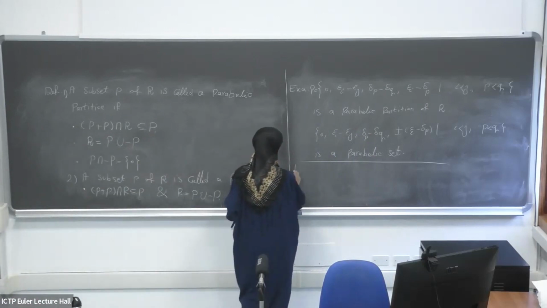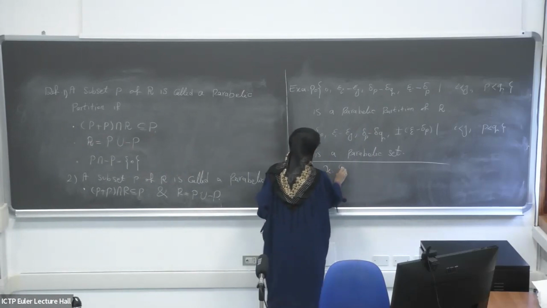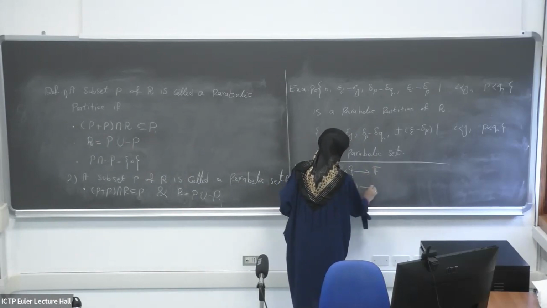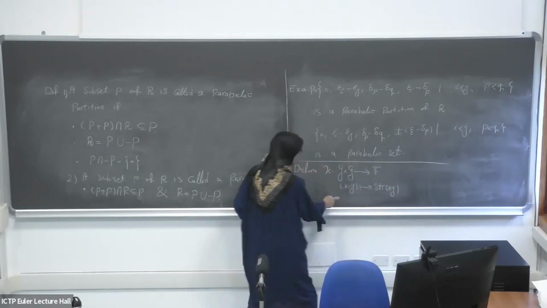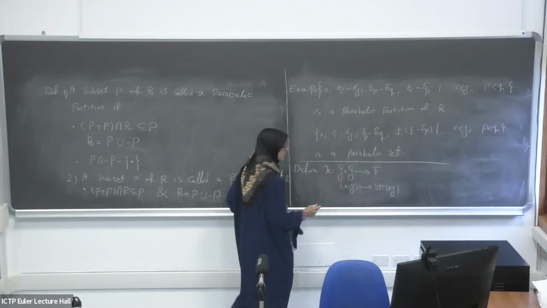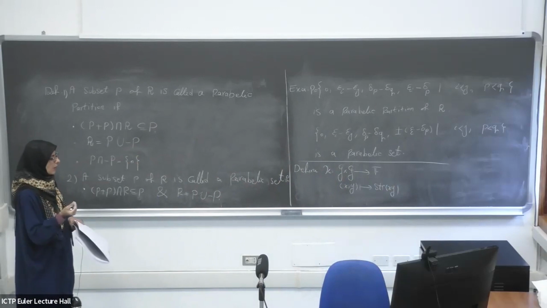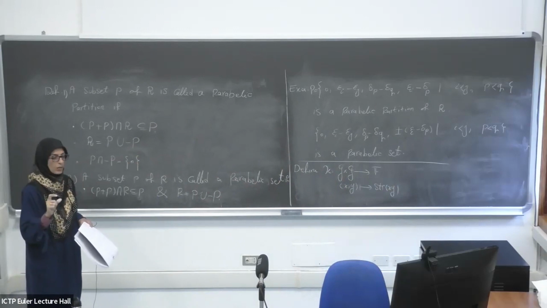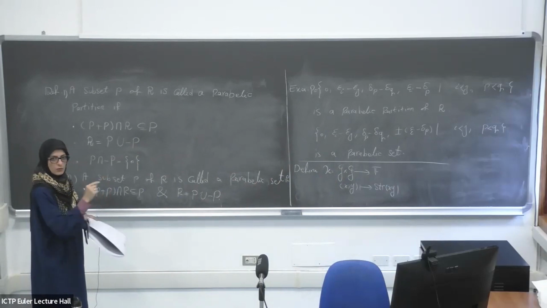Define kappa from G times G to F, mapping xy to supertrace xy. X and y are elements of G, so x and y are some matrices. They are square matrices of the same dimensions, so xy has meaning, and supertrace of xy has meaning.